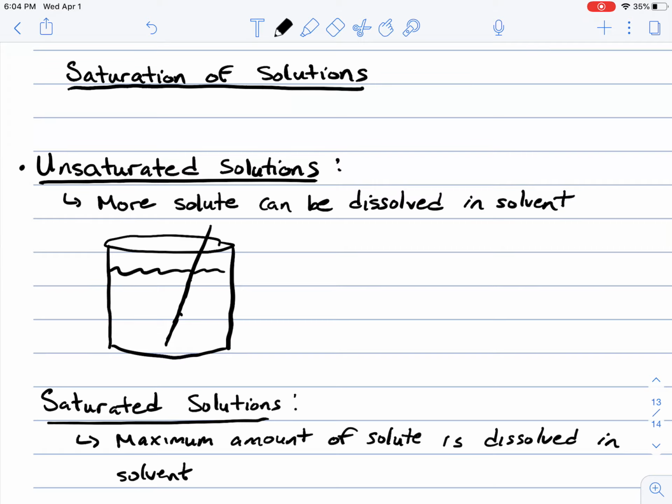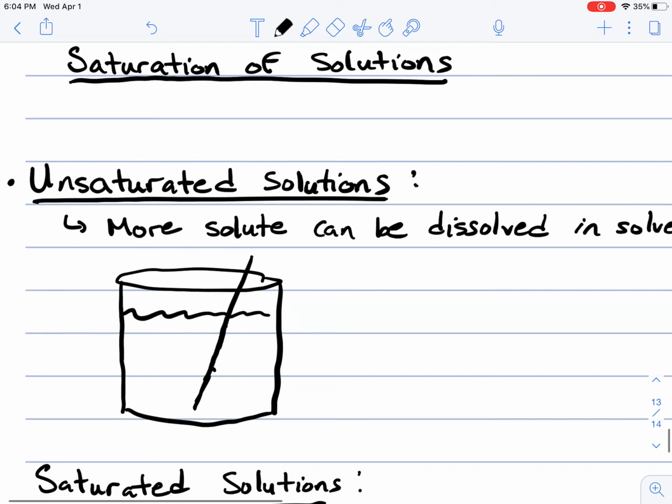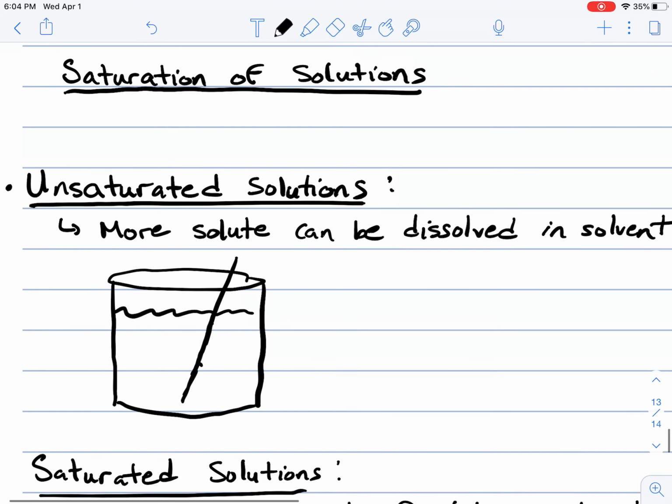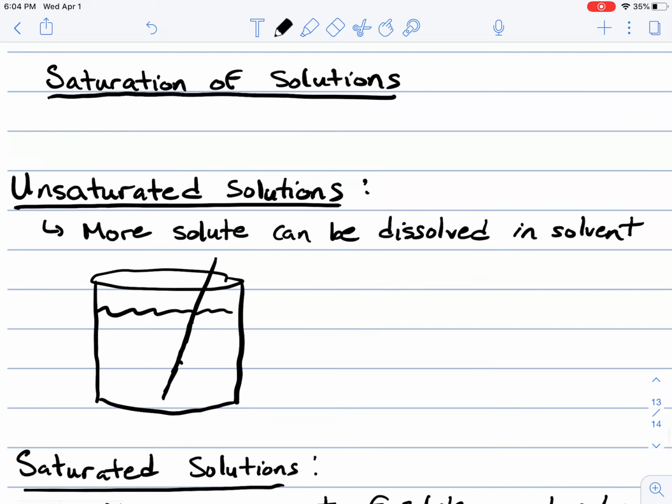So the first terminology is unsaturated solution. And so you will have an unsaturated solution if more solute can be dissolved in the solvent.